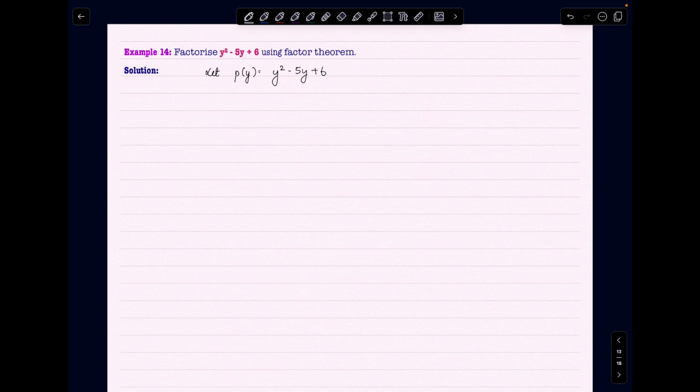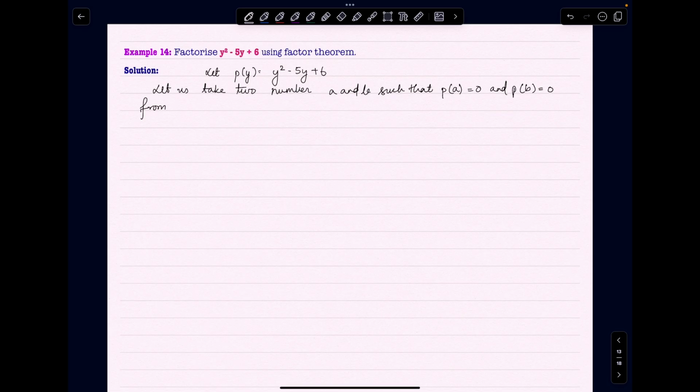Okay, let us take 2 numbers a and b such that p of a equals 0 and p of b equals 0. From factor theorem, we are taking 2 numbers a and b such that p of a equals 0 and p of b equals 0.